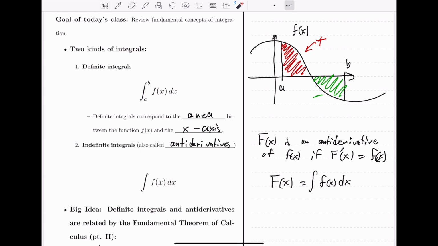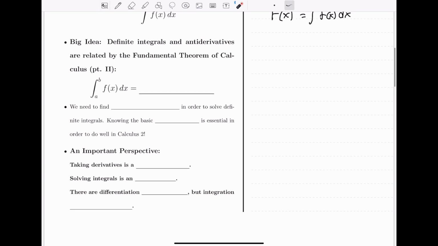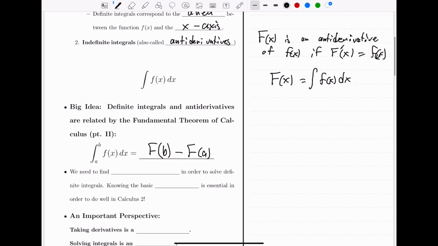Now, at first, the concept of areas between curves and antiderivatives do not look related. They seem like separate concepts. However, the fundamental theorem of calculus part 2 relates these concepts together. Definite integrals and antiderivatives are related using this theorem: capital F of b minus capital F of a, where once again, capital F is the antiderivative of small f. This is not the definition of definite integrals.